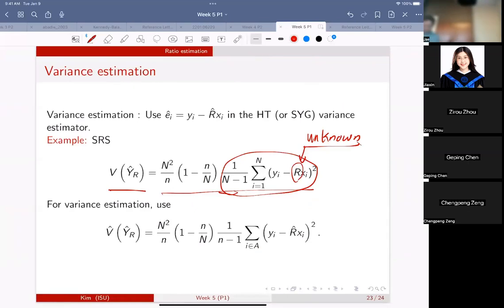You can see that this is S E squared, right? So this is a population level S squared. So we need to use the sample level S squared and plug in EI hat for EI. So we need to estimate it from the sample. Then this is our estimate.